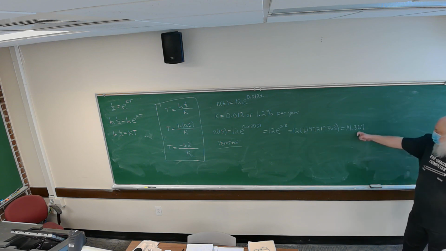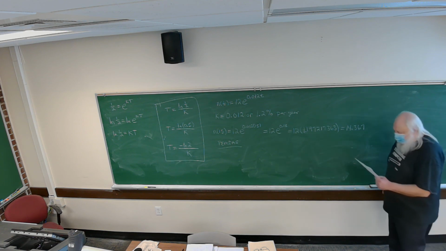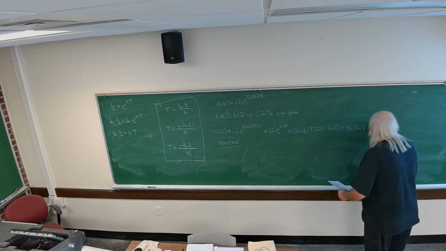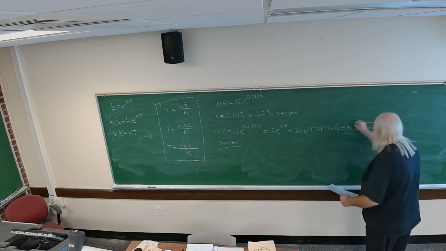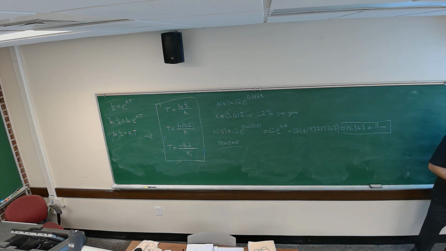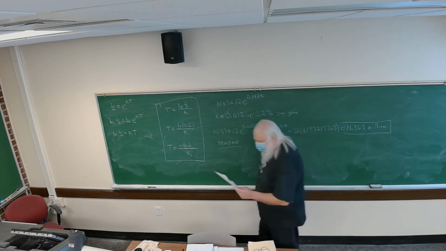Since our answer is in millions, I went to 3 decimal places, and so it's 14.367 million fish is what I got. Anybody get anything different? To 3 decimal places. Any questions on that?